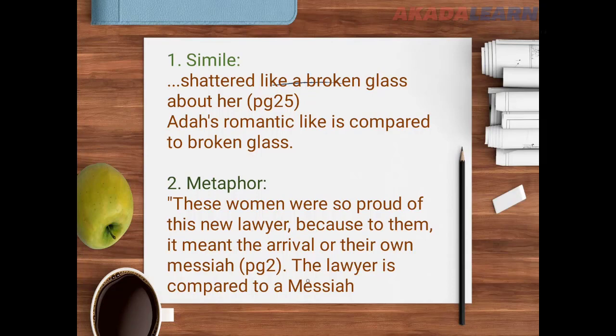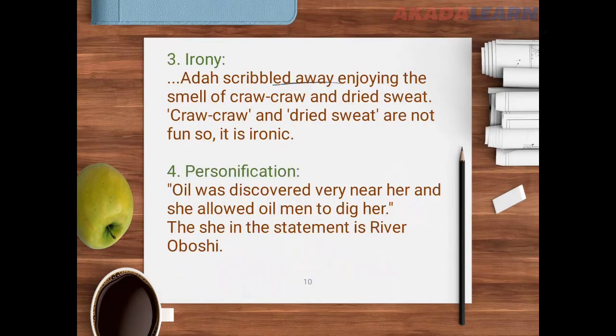Now, let's look at some other figures of speech. Irony. "Ada scribbled away, enjoying the smell of crocro and dried sweat." Crocro and dried sweat are not fun, so it is ironic. Crocro means all these ringworms, all these eczemas, skin defects that affect the body. Dried sweat. Who wants to sit down and sniff dried sweat? The smell is pungent.